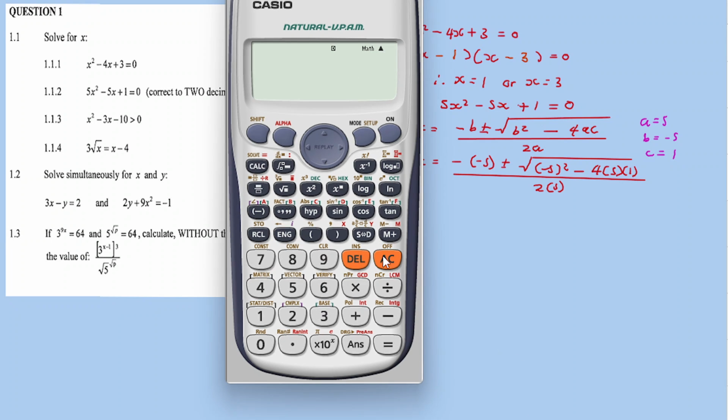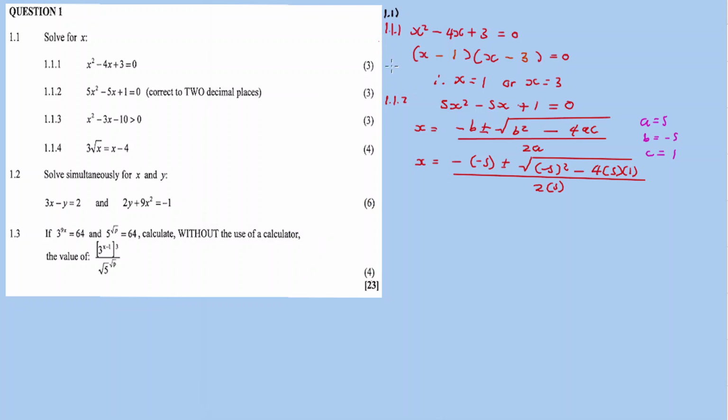Okay, calculator. Negative of negative 5 plus the square root of negative 5 squared minus 4 times 5 times 1, divided by 2 times 5. So the first answer here is 0.72 in 2 decimal places.